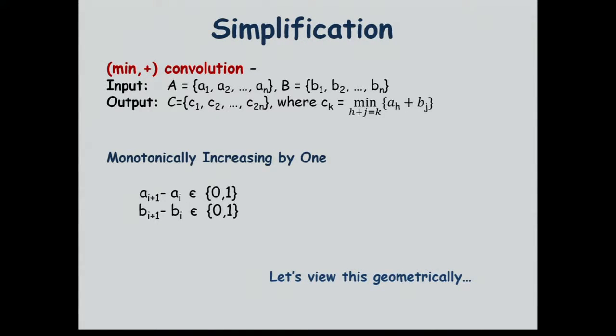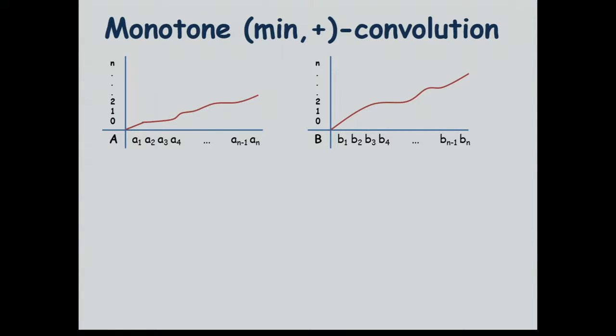Okay, so I want to view this geometrically. I'm looking at the two sequences A and B, laying out the sequence A_i from 0, 1 to n with their values, viewed in a 2D sense.